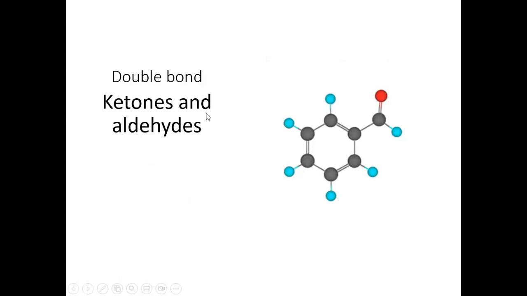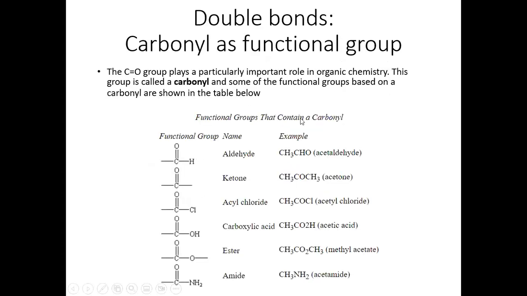So now we look at double bonds in ketones and aldehydes. Double bonds, carbonyl as a functional group. The C=O group plays a particularly important role in organic chemistry. This group we call carbonyl. Some of the functional groups based on carbonyl are shown below.